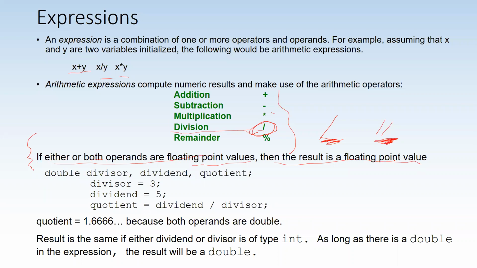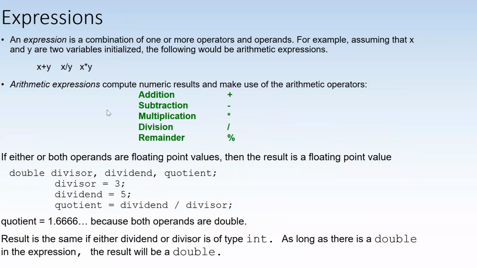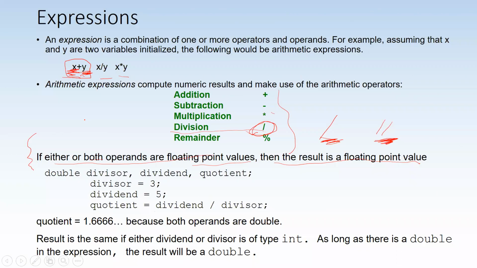If one of them is a double or float, and the other one is an int, then the result is also a double. If both are int, the result will be an int. That's what this is saying.